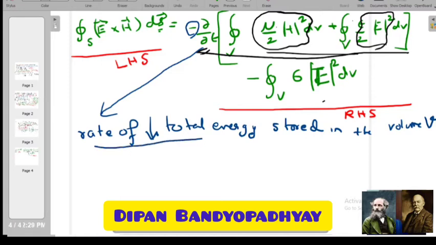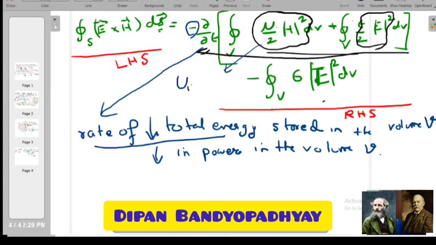Now, rate of energy is nothing but power. So basically this is the decrease in power in the volume V. In some references you will see they write this part as UH and this one as UE, representing the energy per unit volume.